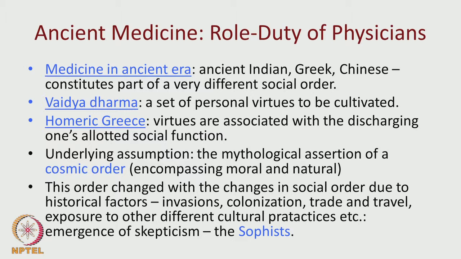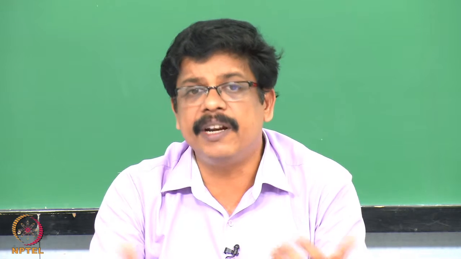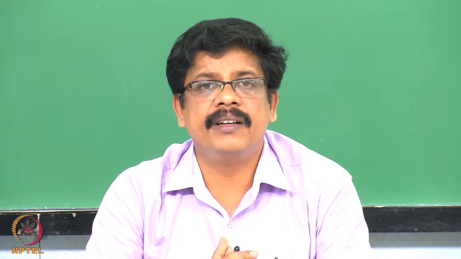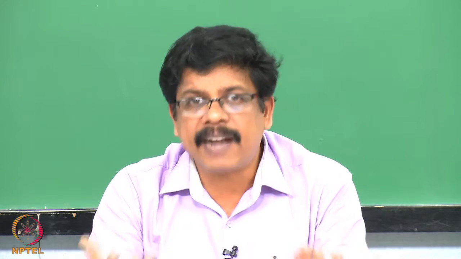And then again this order changed with the changes in social order. We can see that it is happening in the Greek world with the Persian invasions, then colonization, trade and travel, exposure to other different cultures and practices, etc. So, naturally this has exposed the Greek people to different practices, different customs and different conventions.